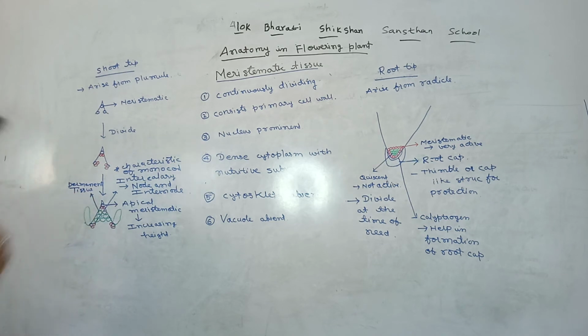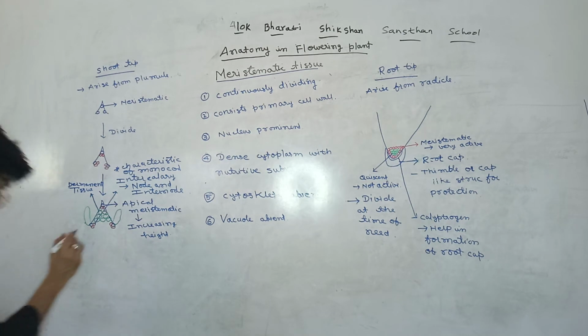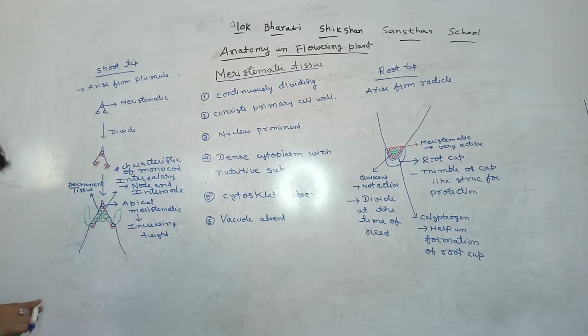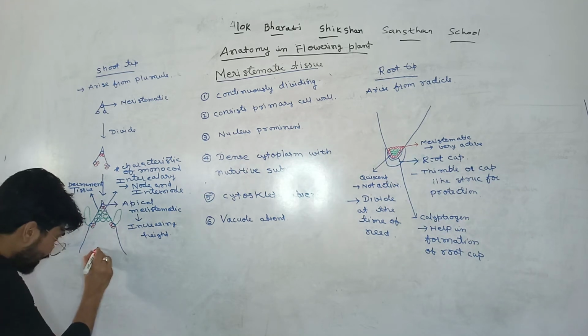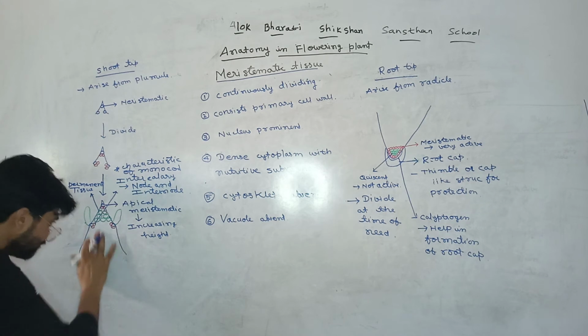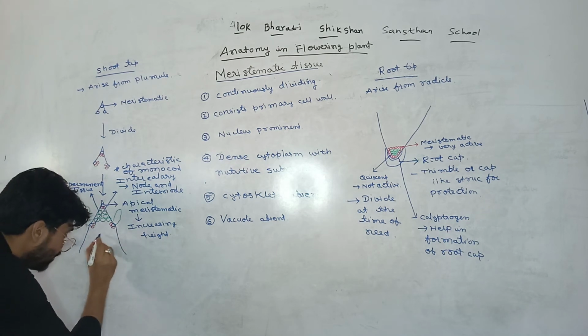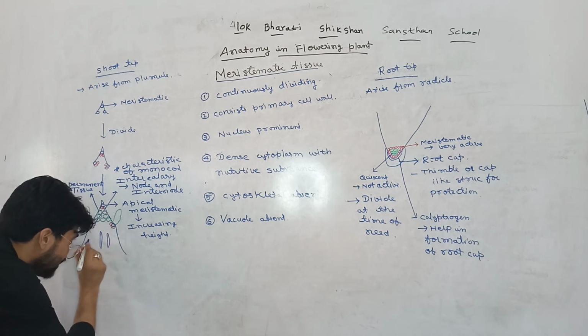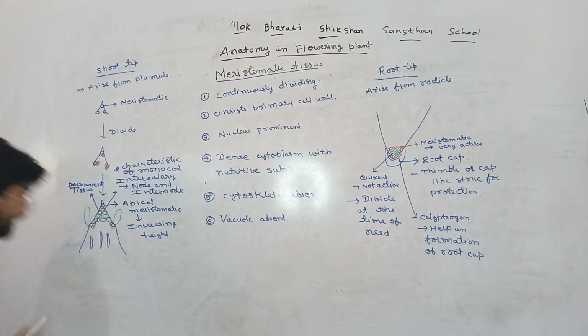Now my dear student, some meristematic tissue is moving to the lateral side. Here I am drawing the picture. So some meristematic tissue moves to the lateral side here, and it will help in increasing the thickness of the plant, and this tissue is known as lateral tissue.